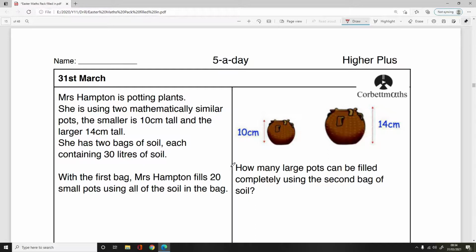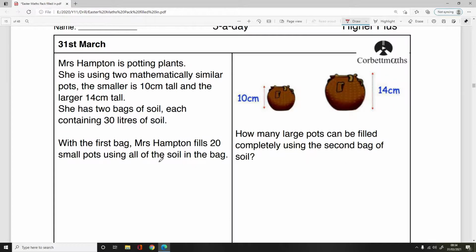Okay, so roughly speaking, this is the same sort of deal. We want to find the volume of the small pot, and then the relative volume of the big pot, using these 30-litre bags. So let's start the same way we just did. We're going to find the length scale factor, which is 14 over 10 this time, 1.4.